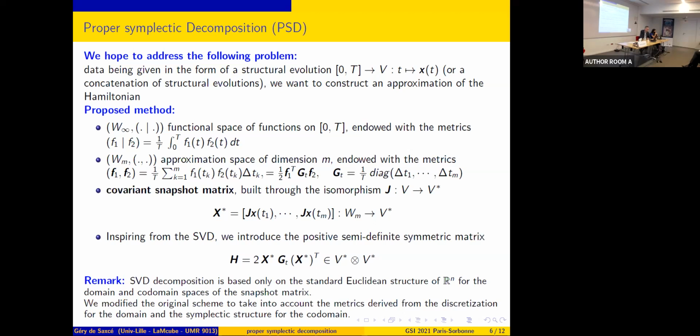So now, first of all, each discretized value of x is multiplied by J to obtain a covector, a vector living in the dual V star, and we store them in a covariant snapshot matrix X star that can be interpreted as a linear map from Wm into the dual V star.